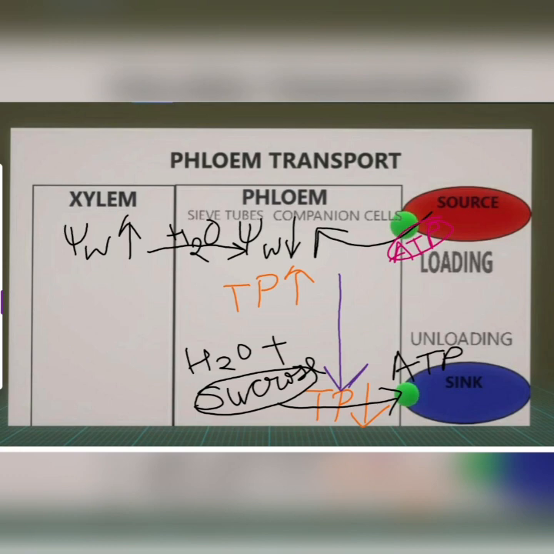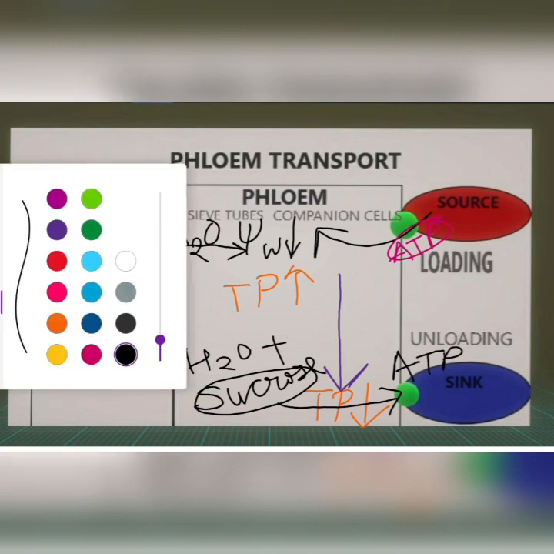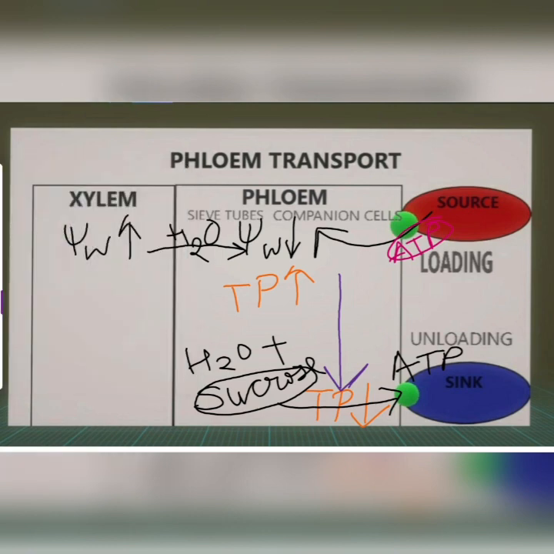When the sucrose is removed from the elements of the phloem near the sink, the water potential is going to increase, that is psi W will increase as compared to the psi W of the xylem, and hence water will move from high water potential to low water potential, back from phloem to xylem, and will again go for further transportation.